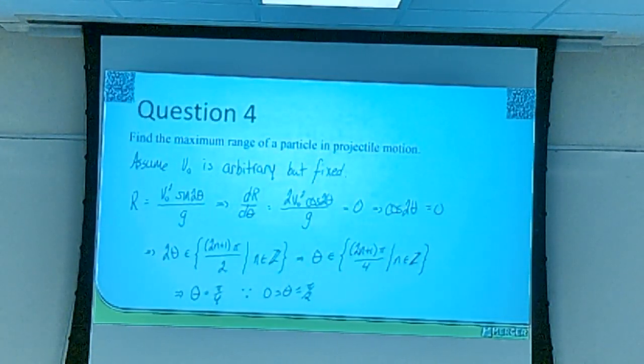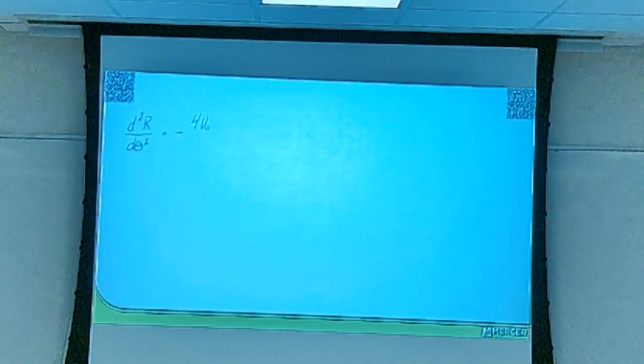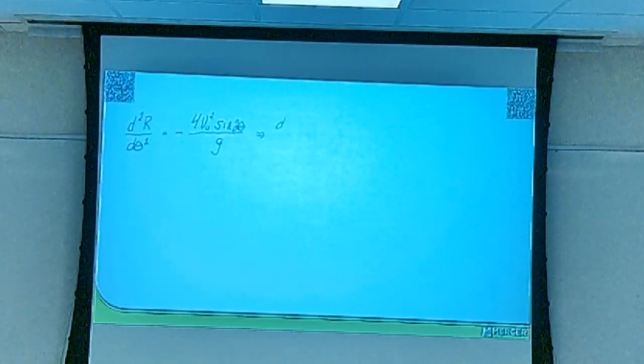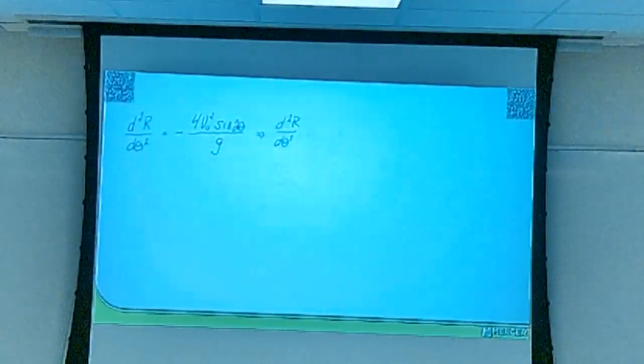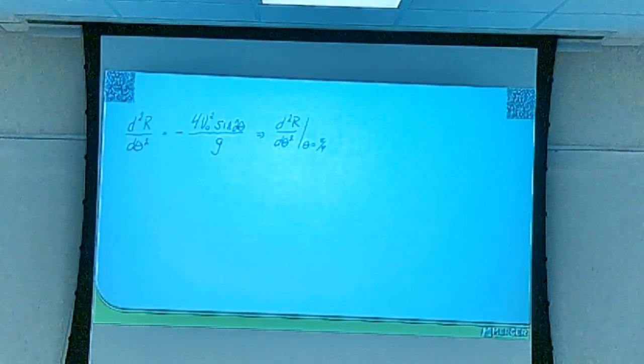We now make use of the second derivative test. Derivative of that would be negative 4 v naught squared sine of 2 theta over g. Evaluate that at pi over 4. It's less than 0.